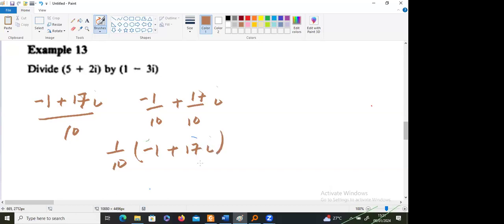Only when they ask you for the real and imaginary parts of the complex number will you need this. But otherwise, all of those presentations are okay.